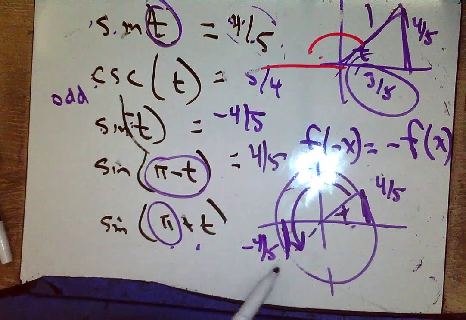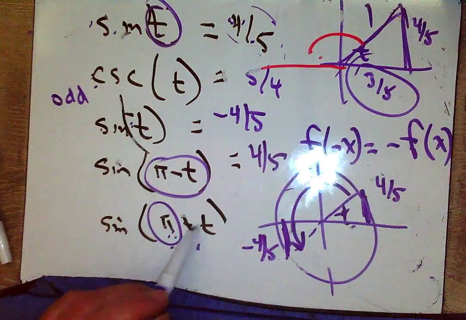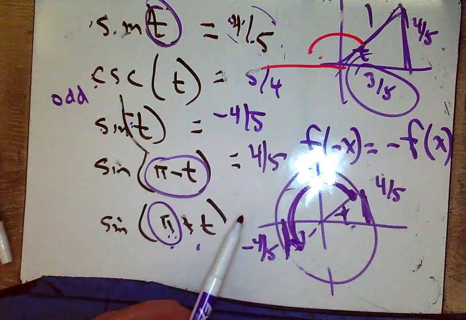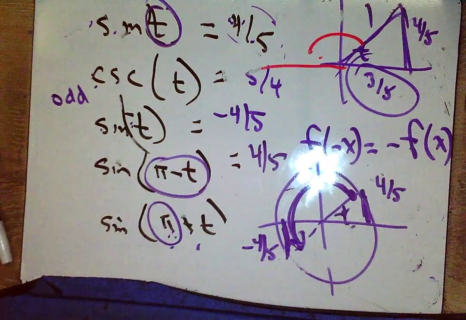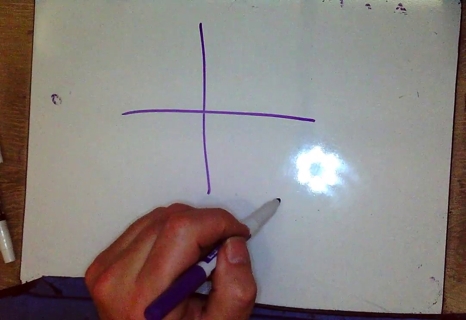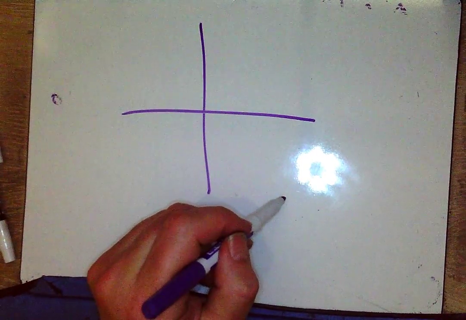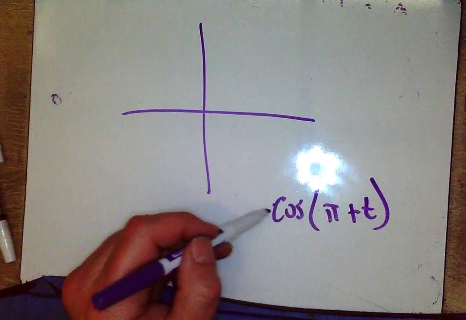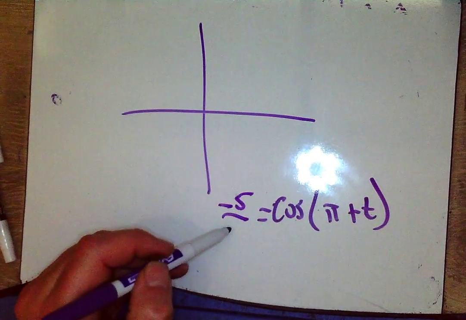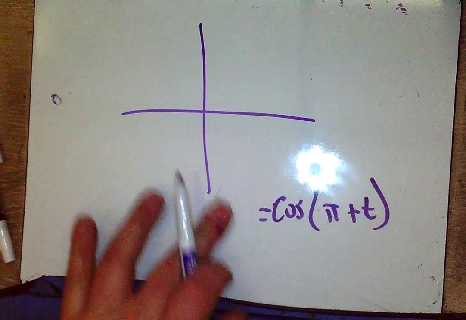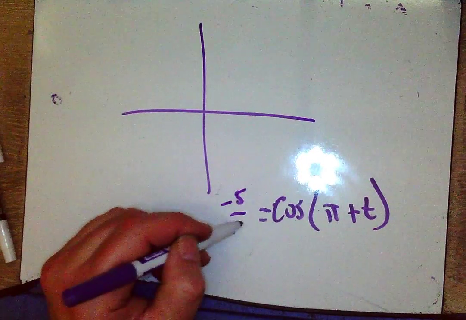I know that adding pi means take whatever angle I have and go halfway around the circle. So if I have instead cosine of pi plus t equals negative 5 over 13.